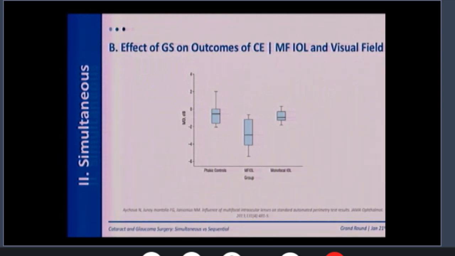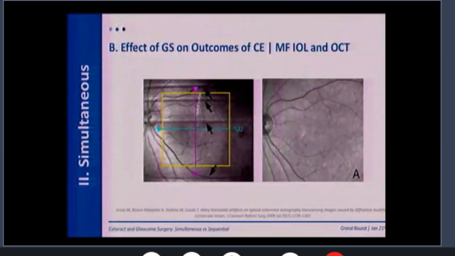Patients with multifocal IOL lost 2 decibels of sensitivity, compared to monofocal IOLs, which did not lose. So the bottom line is that if you put a multifocal IOL, you may lose 1 to 2 decibels of sensitivity on the visual field assessment, and that might be explained as progression from the perspective of evaluating glaucoma surgeons.